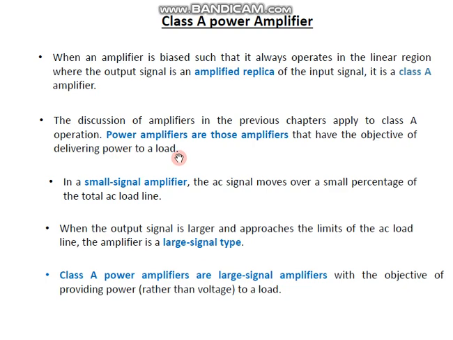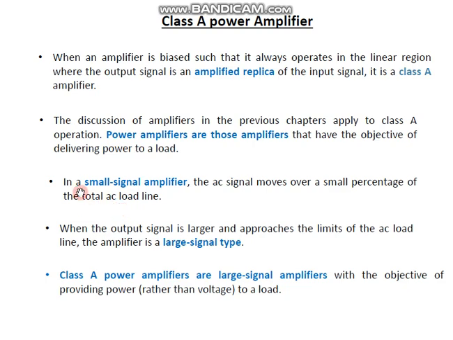Though we discussed the power gain, we did not go thoroughly into the power ratio, the power dissipation, or the power delivered to the load. Because those were small signal amplifiers. Now in power amplifiers we are mainly concerned with the actual power rating or the power capability of an amplifier. So our focus should be on delivering power to the load.